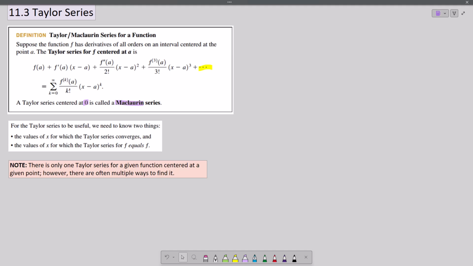It is true that if you start with a function, differentiate and build the series, and the series converges, it does converge to that function, but you can't prove that until you get into higher math. So for us, we just are going to say that wherever the series converges, the series is converging to the function that you built it from. Okay, not totally trivial, feels kind of obvious, one of those subtle things.